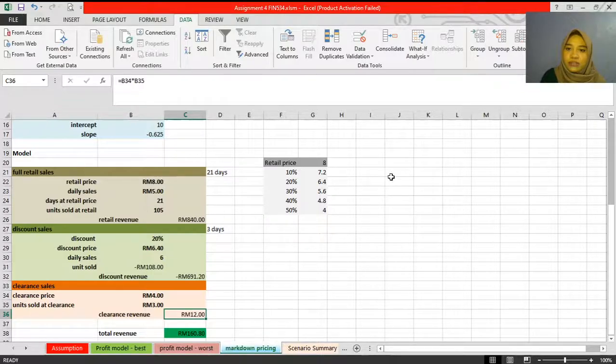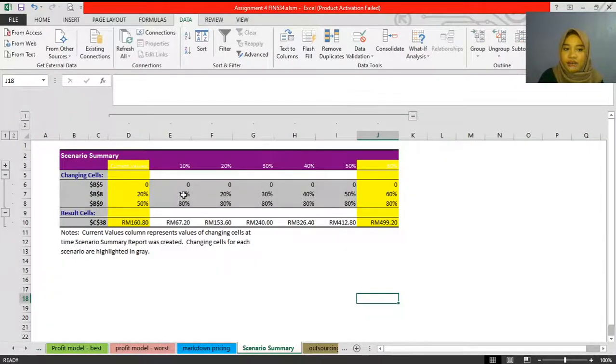How I do this is I am using What-If Analysis, and then I go to Scenario Manager, and then you just put the percentage here, okay.